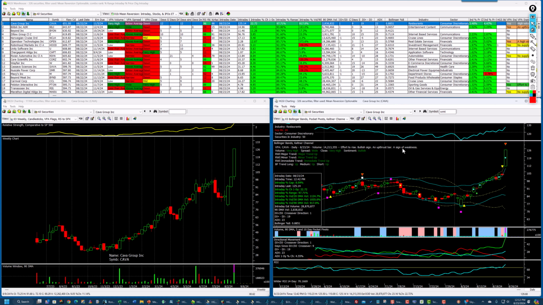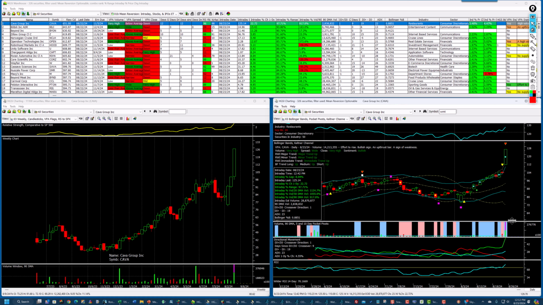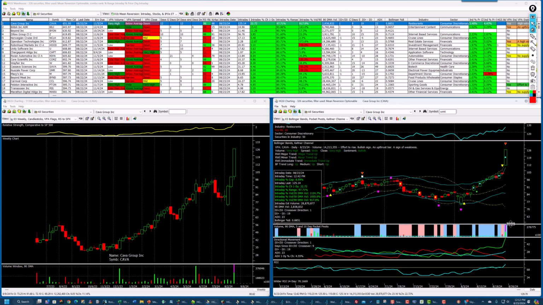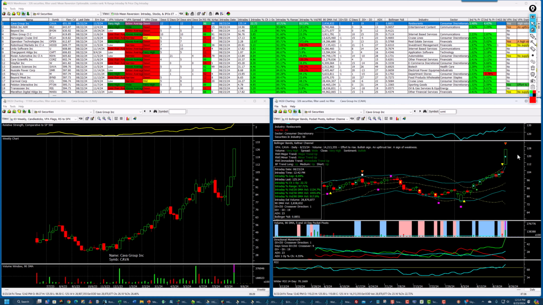This is an upthrust bar, which is a sign of weakness, which just means that everybody is jumping into this stock now, and it may be exhausted. Now, the market's really strong right now, so it's a little tough to take contrary trades, but on the other hand, there really aren't many opportunities for oversold stocks.